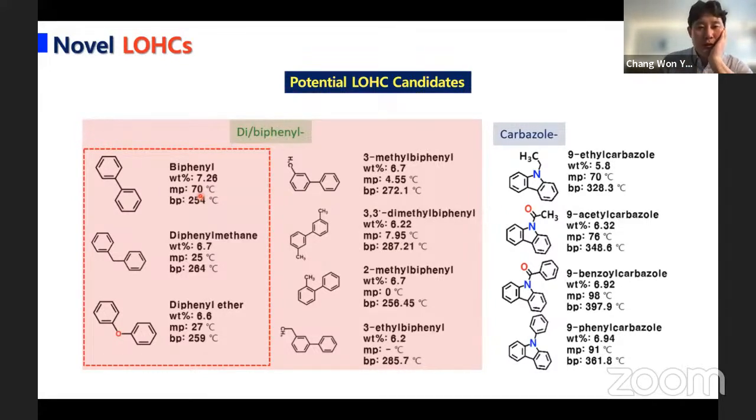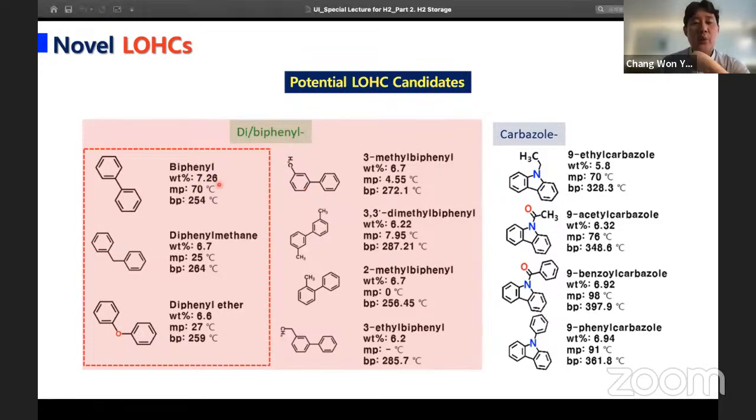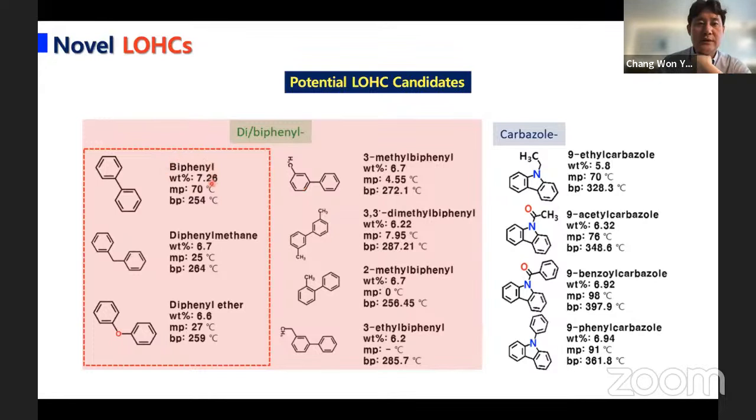So our strategy is, okay, it has high gravimetric hydrogen storage density, so I still want to use this biphenyl. Then how can we resolve this issue? One solution we took is to co-use another species to make a eutectic mixture.